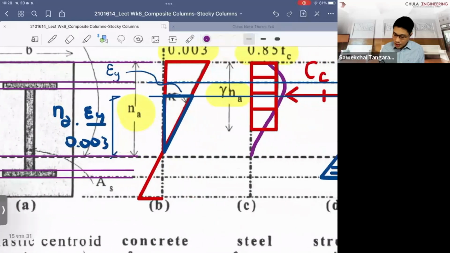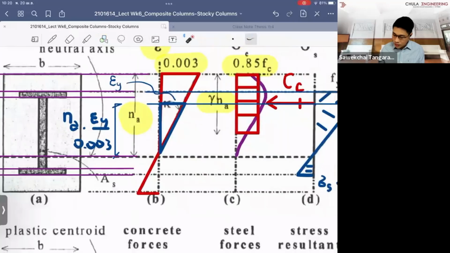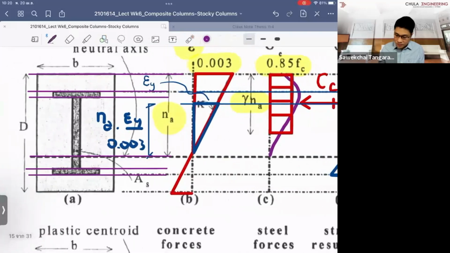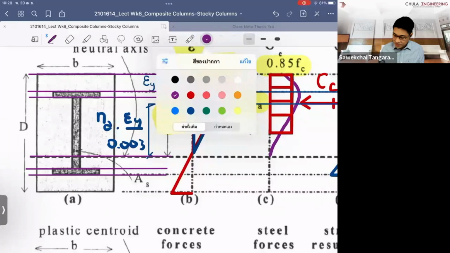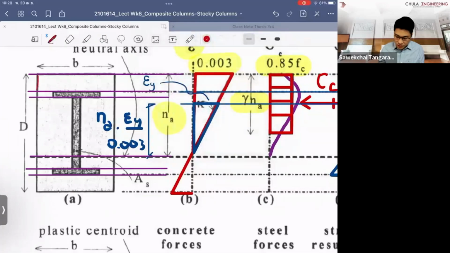So you might see that when you're looking at the stress diagram of the concrete, you multiply by the full part of the concrete, which is this area here.